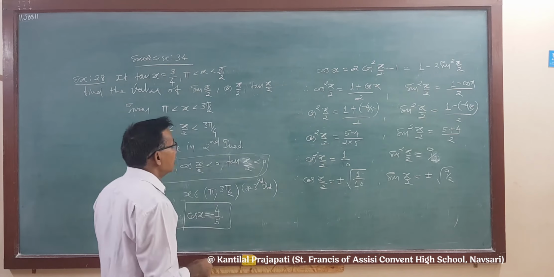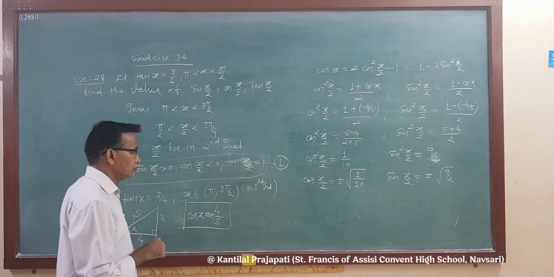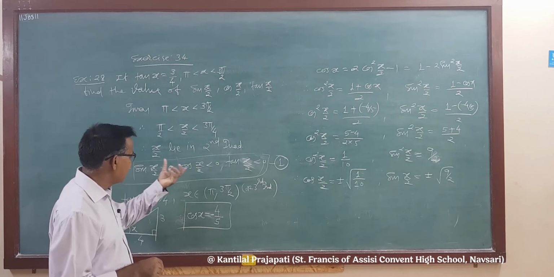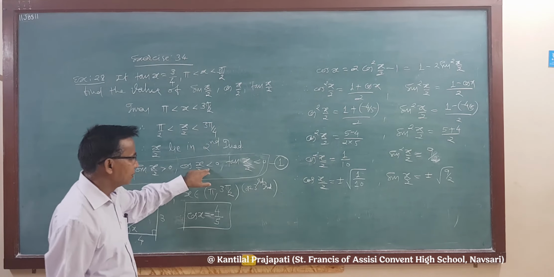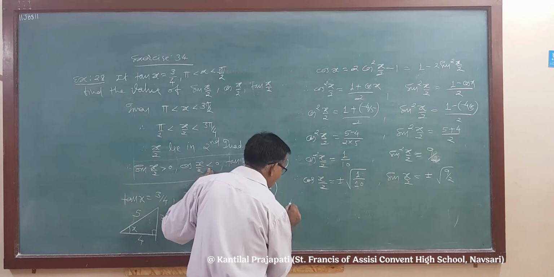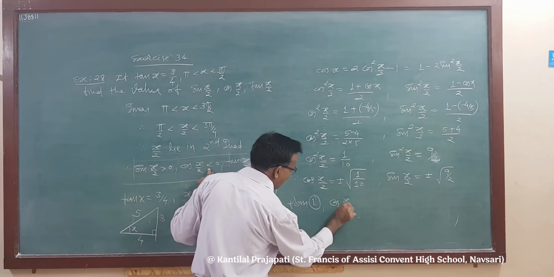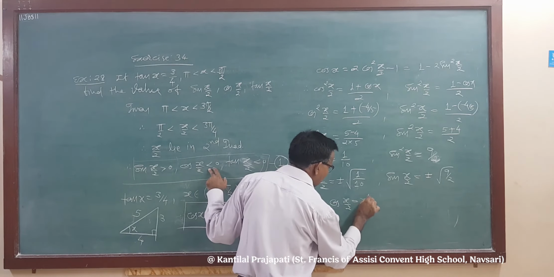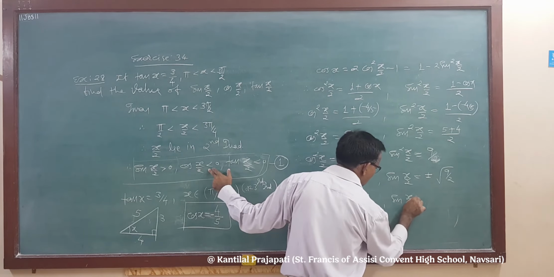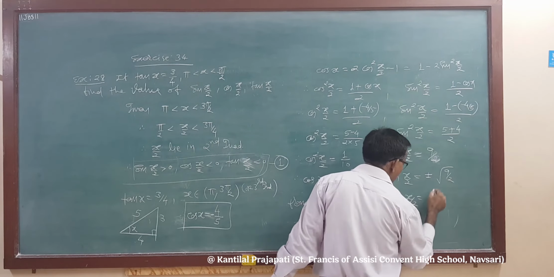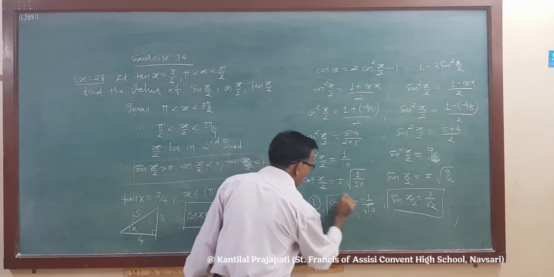But we have already found the quadrant. Say this is result number 1. We have already found the sign of cos x by 2 and sin x by 2. What is cos x by 2? It is negative. So we say that cos x by 2 is negative, minus 1 upon root 10, and sin x by 2 is positive, so root 9, that is 3 upon root 2.